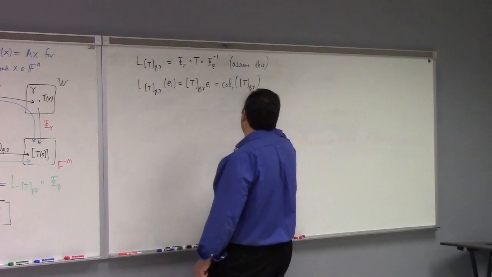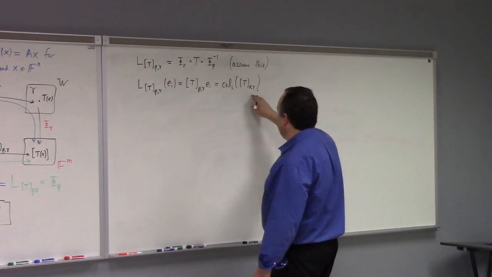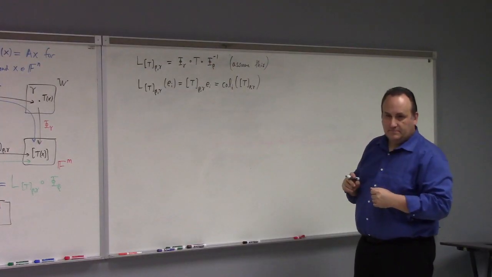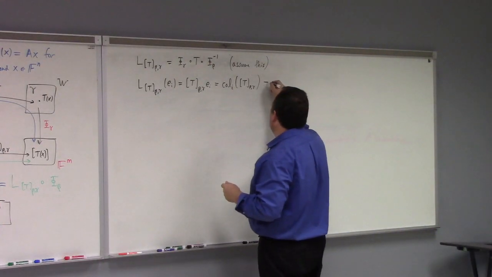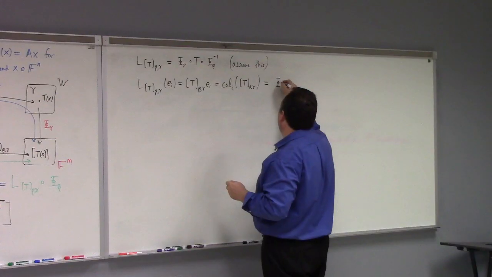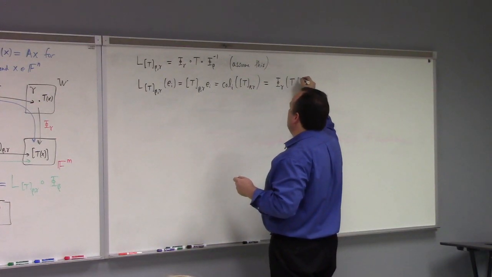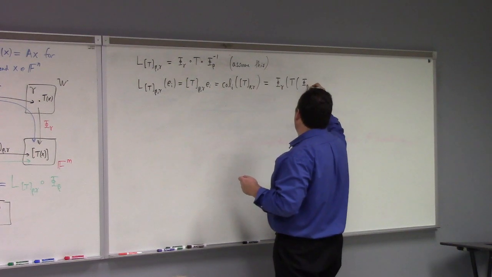That's what it means. If we multiply a matrix by the ith standard basis vector, it picks off the ith column. We know this, right? But on the flip side, this is equal to phi gamma of T of phi beta inverse of e_i.